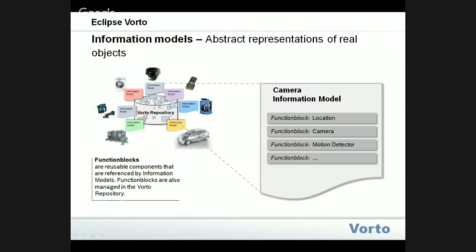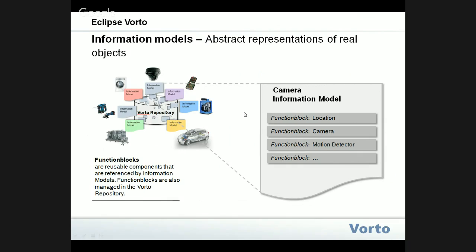Depending on the model of the camera, there are other function blocks there. So, for example, a location function block. Maybe the camera itself provides a functionality to check where it is located. And here in my example, I have a third function block, a motion detector function block, because it's possible that the camera maybe sends an event if a motion has been detected.